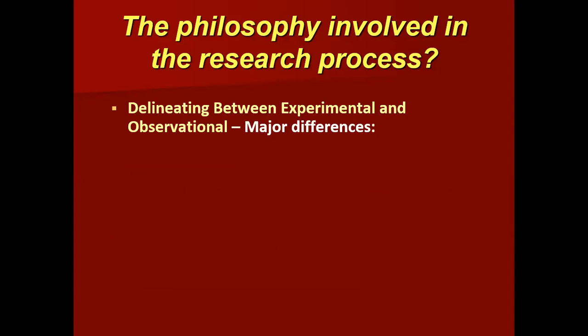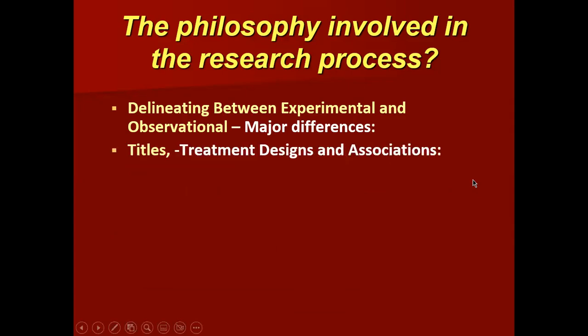So we need to differentiate between experimental and observational design. Observational research differs significantly from experimental design research. The major differences include that the title differs. For experimental design, the title indicates treatment, all right?